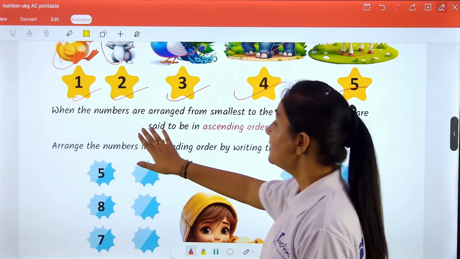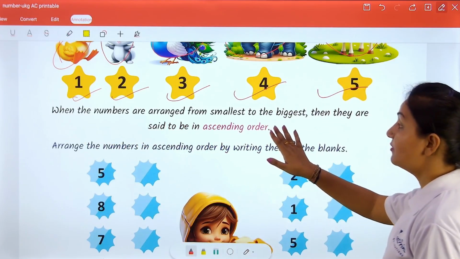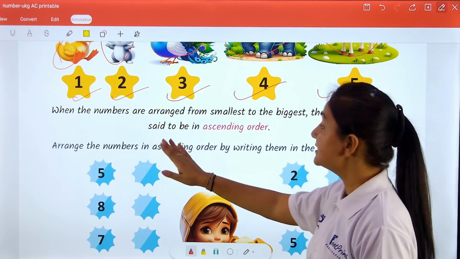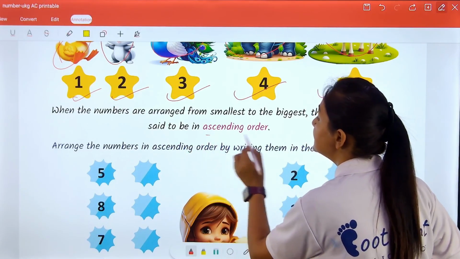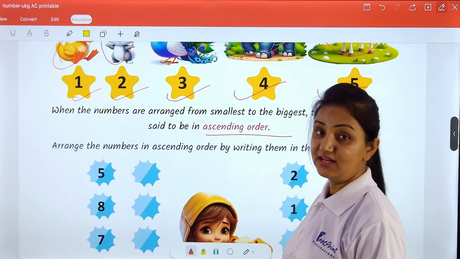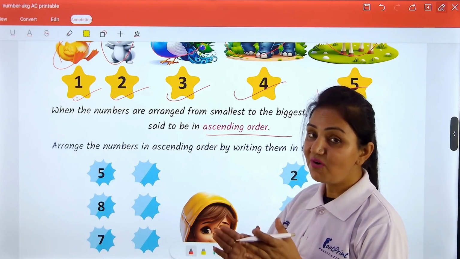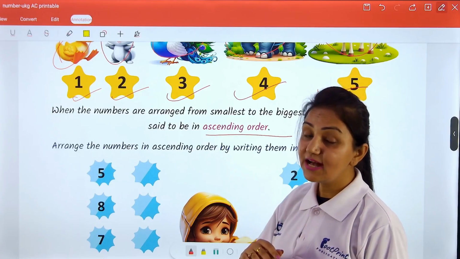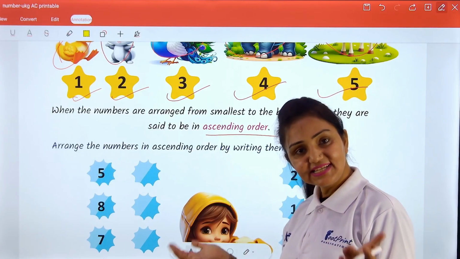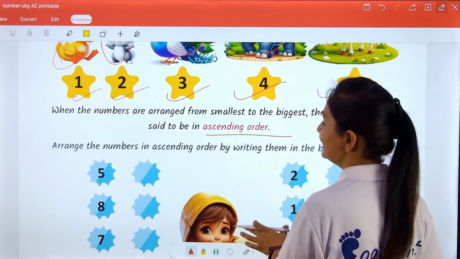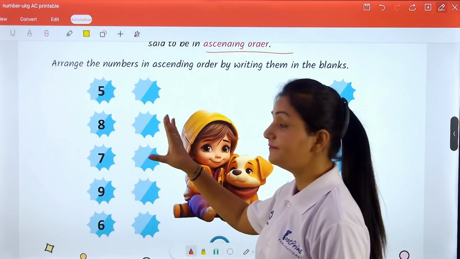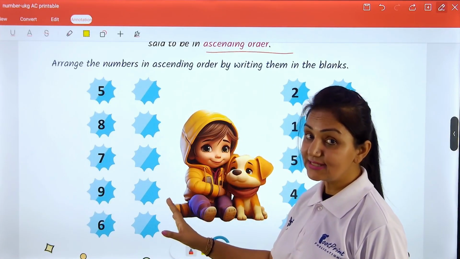When the numbers are arranged from smallest to the biggest, then they are said to be in ascending order. जब हम नंबर्स को स्मॉलेस्ट से बिगेस्ट की तरफ अरेंज करते हैं तो उसे हम क्या कहते हैं? Ascending order, right?